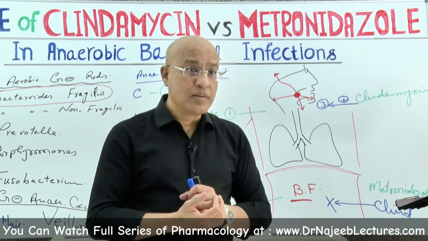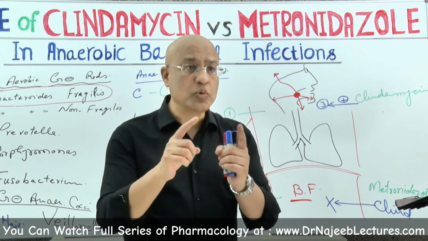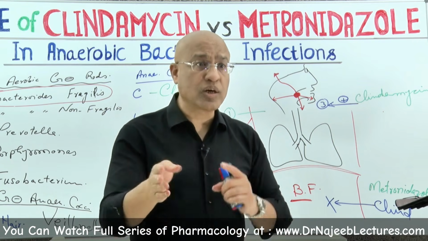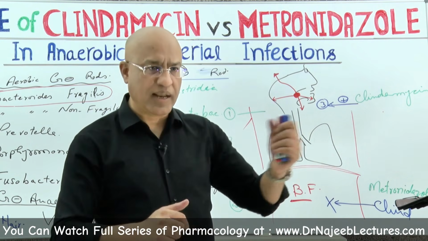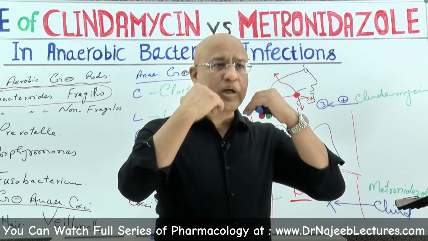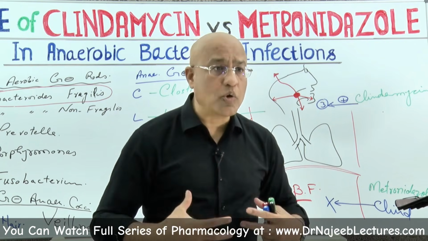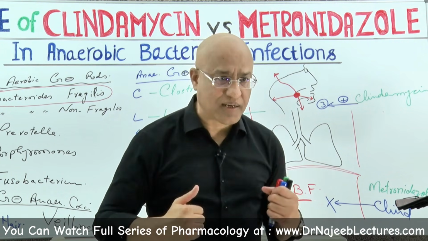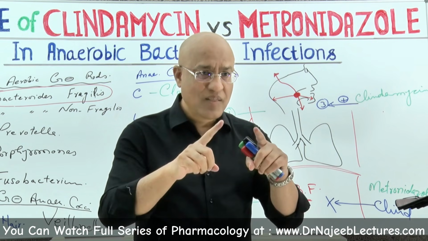There are so many anaerobes, the ratio between anaerobic to aerobic in the gingival crevices is 1000 to 1. And if you go down, remember our microbiota on the mucous membrane is abundantly anaerobic. Aerobes are less, right?